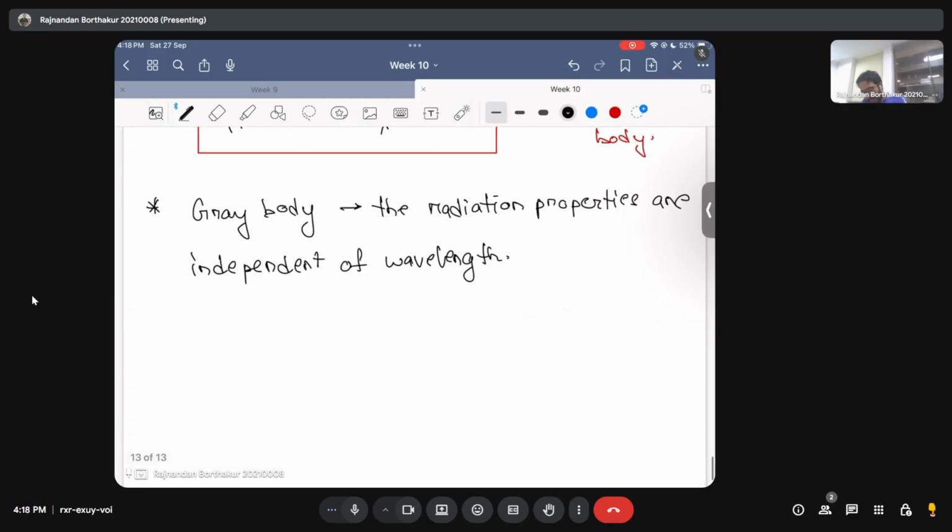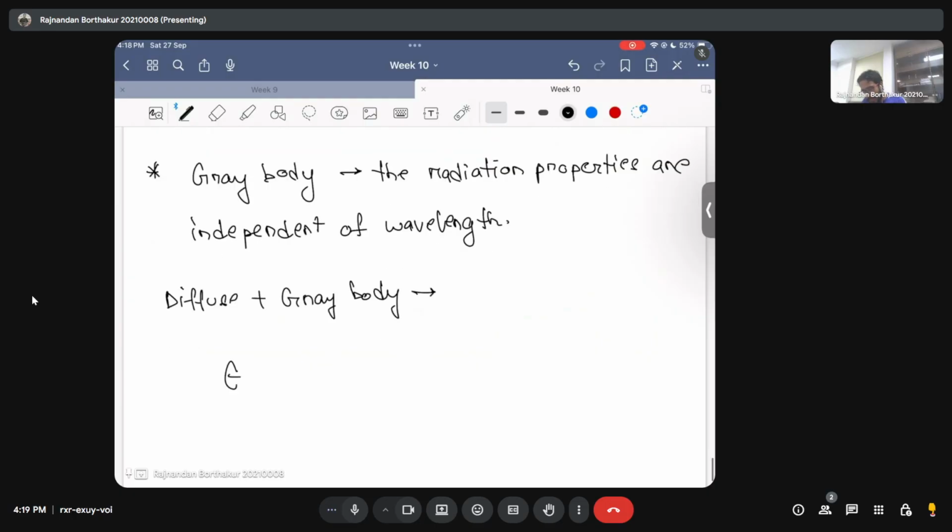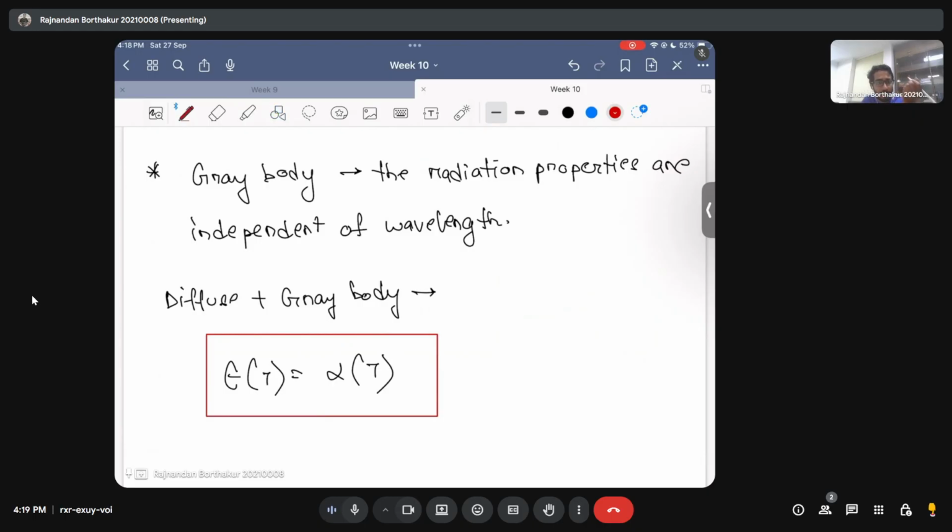Which means that if I have a diffuse and a gray body, then I can write that epsilon, which is now just a function of temperature, is equal to alpha, which is just a function of temperature. So Kirchhoff's law simplifies to the fact that the total emissivity is equal to the total absorptivity only in the case when I have a diffuse and a gray body, and this is very important. Okay, so this is true for a diffuse plus a gray body.